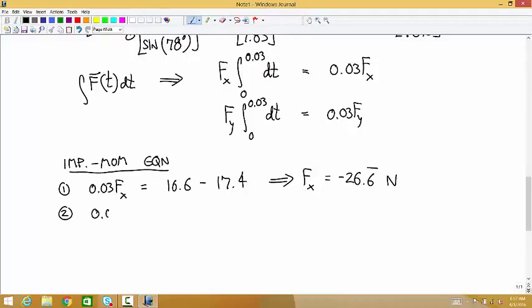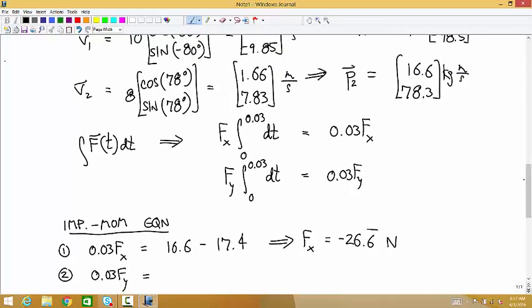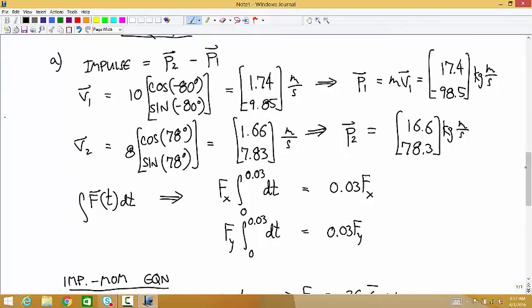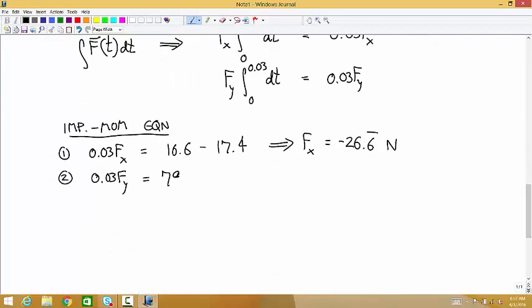And then for the second one, we get 0.03 times Fy is equal to 78.3 minus negative 98.5. And so what do you get for Fy? 5893, like this.